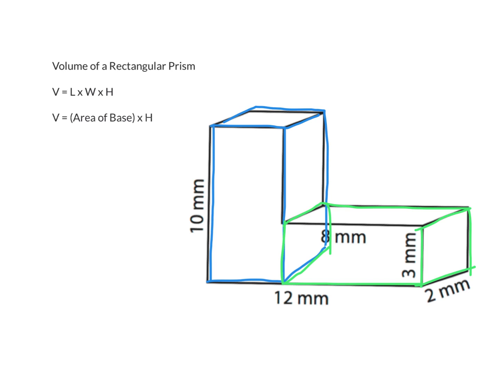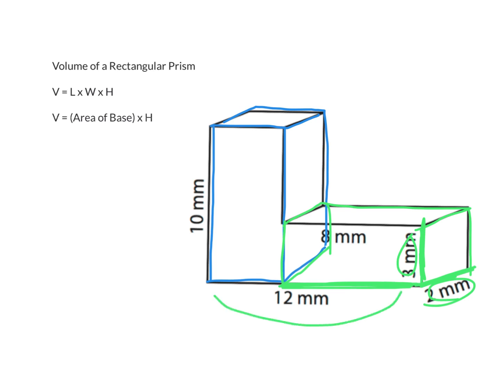So it looks like I have a lot more information for my green box here, so I'm going to work with that first. I can see that I have one line up and down, one line kind of diagonal, and then my straight across. So I have the 3 here, the 2 there, and the 12 is this full length.